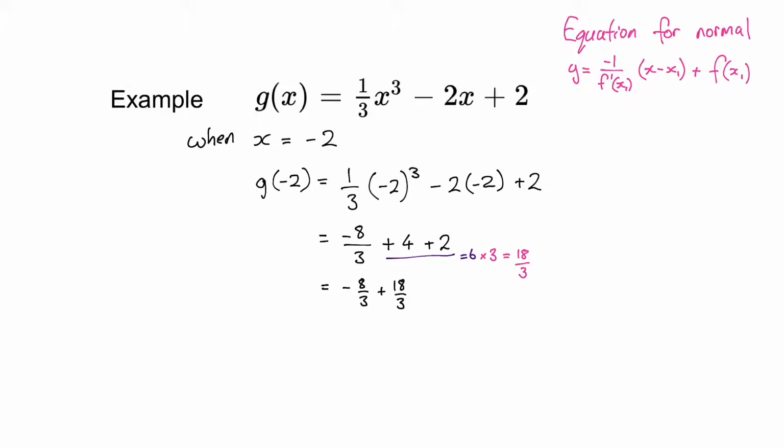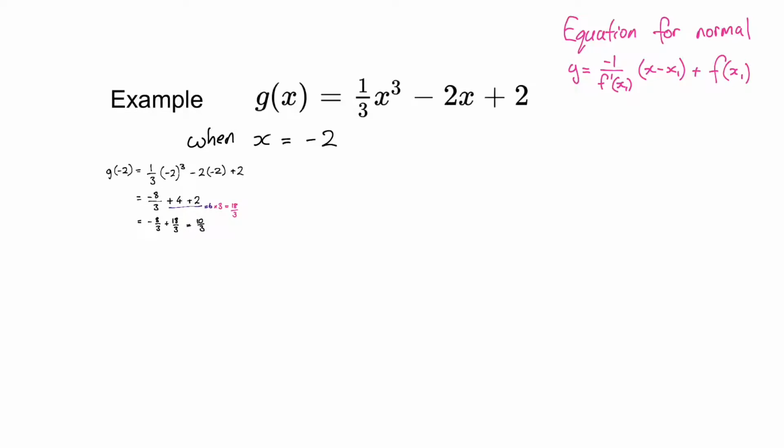Minus 8 plus 18 is going to give us 10 over 3. So now we've solved that g of minus 2 is equal to 10 over 3. So next step, we need to look at finding the derivative.